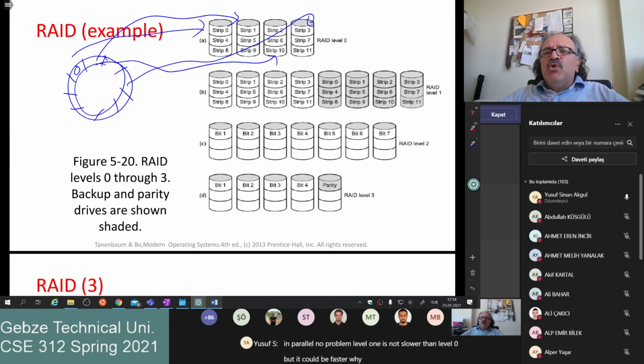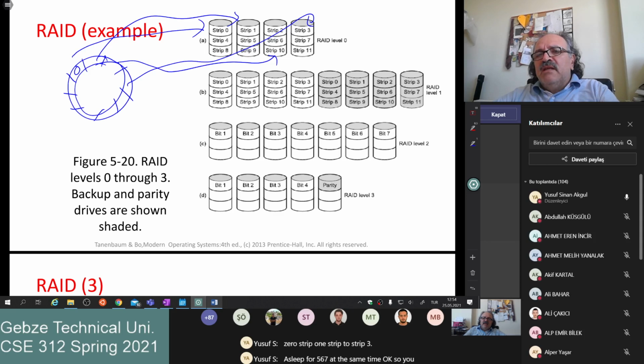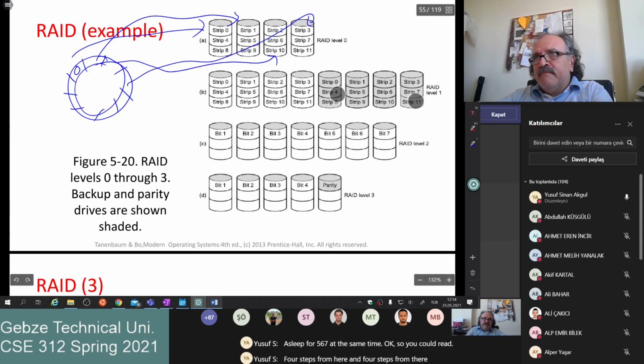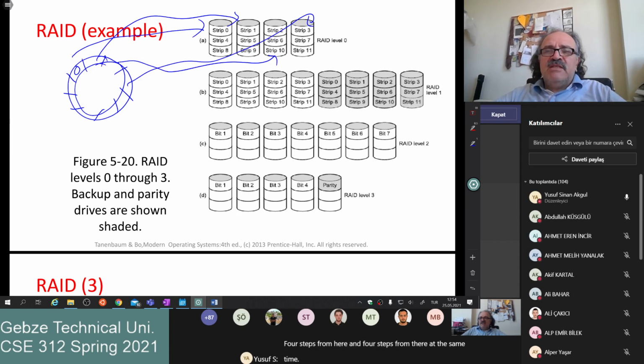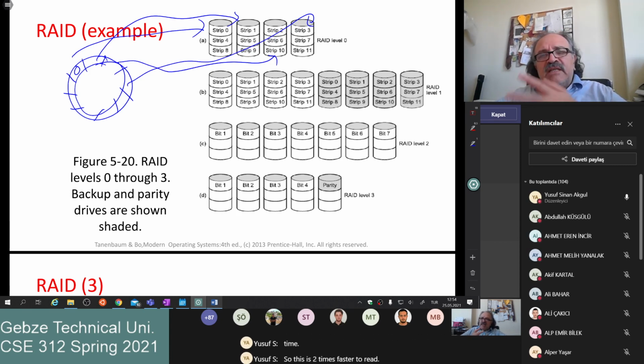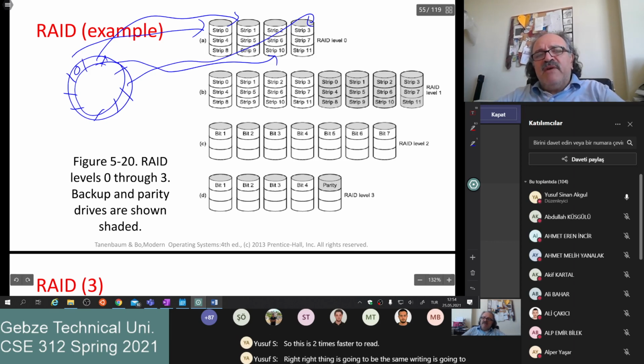Let's say you need to read strip 0, strip 1, strip 2, strip 3, and strip 4, 5, 6, 7 at the same time. You could read 4 strips from here and 4 strips from there at the same time. So this is 2 times faster to read. Writing is going to be the same. So this is both reliable and faster.